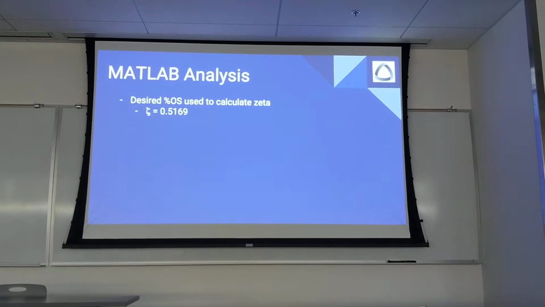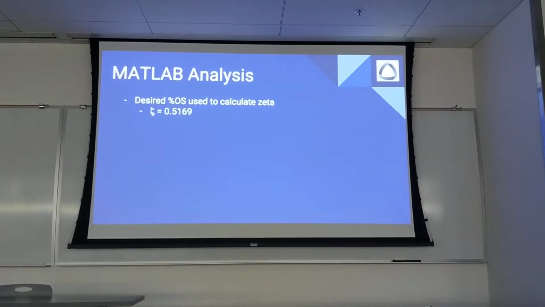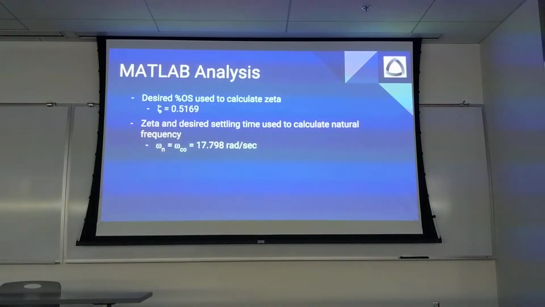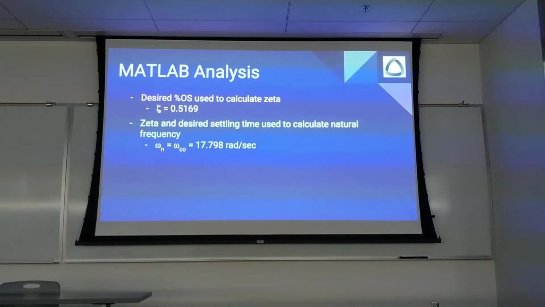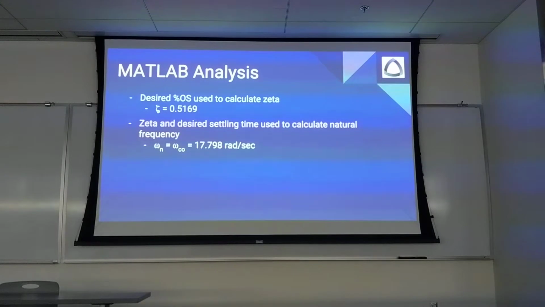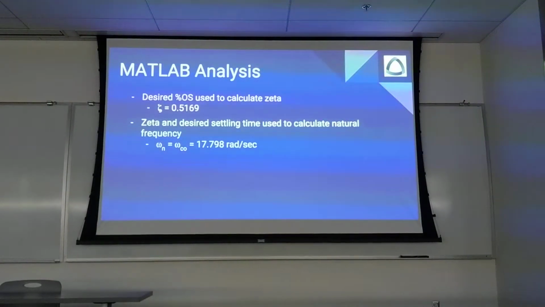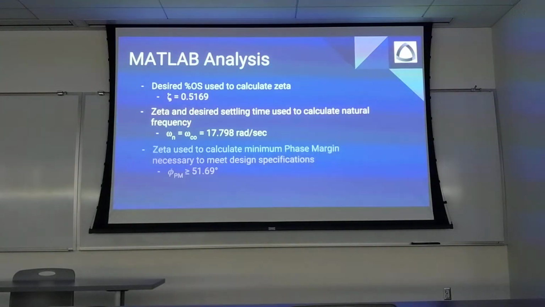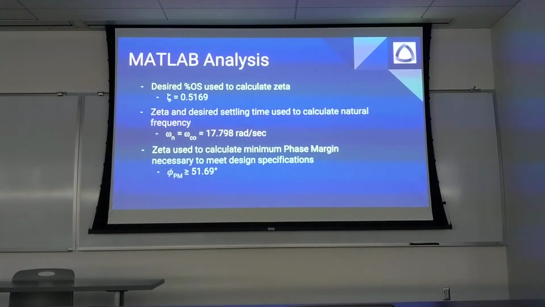We used the desired percent overshoot to calculate a zeta value of 0.5169. Then this zeta value and the desired settling time of 0.5 seconds were used to calculate the natural frequency, which would in turn be the crossover frequency on our Bode plot diagram, and that was 17.798 radians per second.